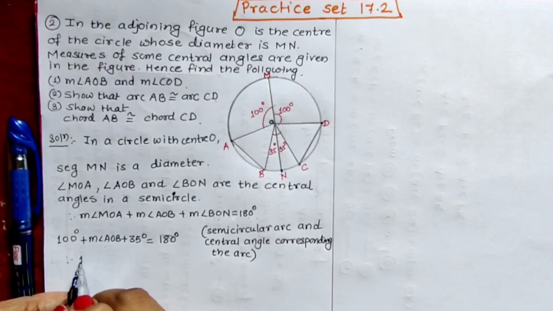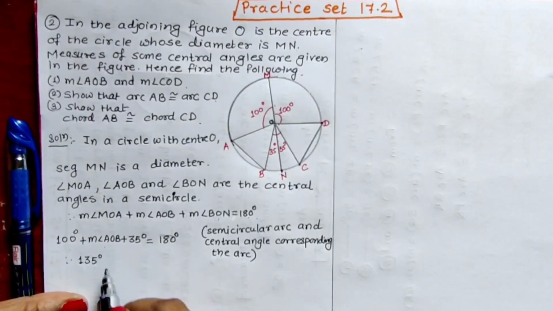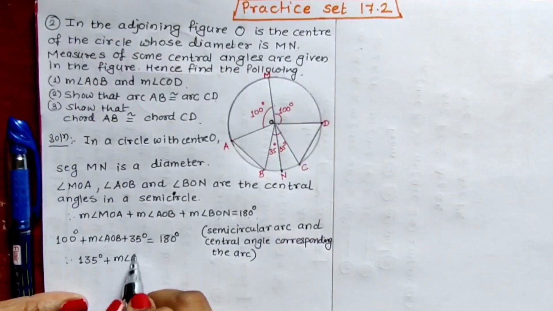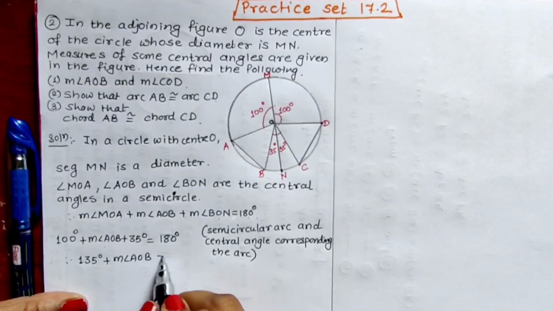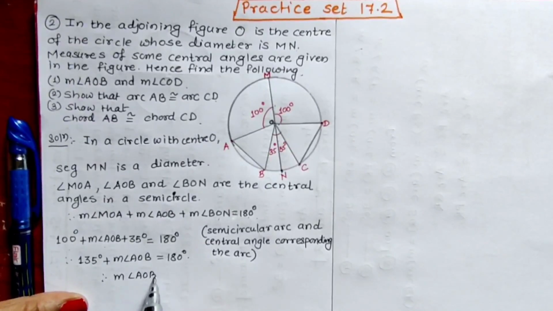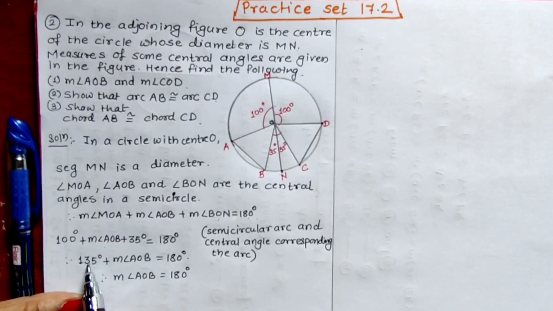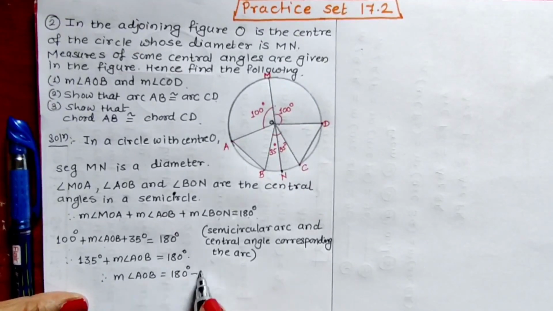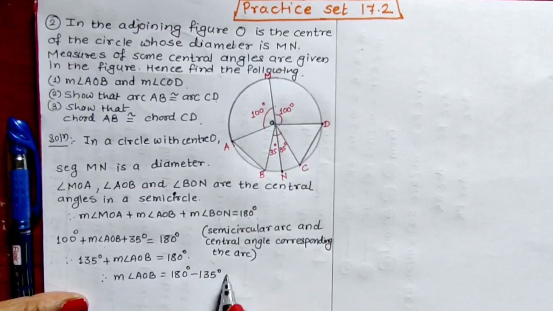Now let us first add 100 and 35. It will be 135 plus major angle AOB is equal to 180 degree, and therefore major angle AOB is equal to 180 degree minus this 135. When we transfer this 135 from left to right, it becomes minus 135 degree.